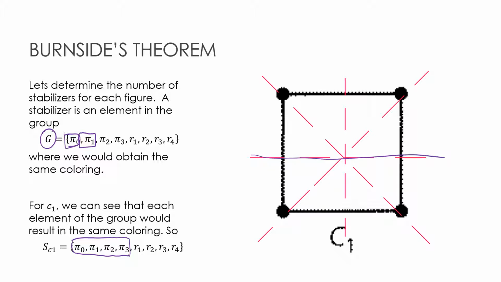Whether I reflect this way or this way or this way or this way, no matter what, I'm going to end up with a square with 4 black corners. So for my first configuration, every single element in the group would result in the same coloring. So I get pi 0, pi 1, pi 2, pi 3, R1, R2, R3, R4.